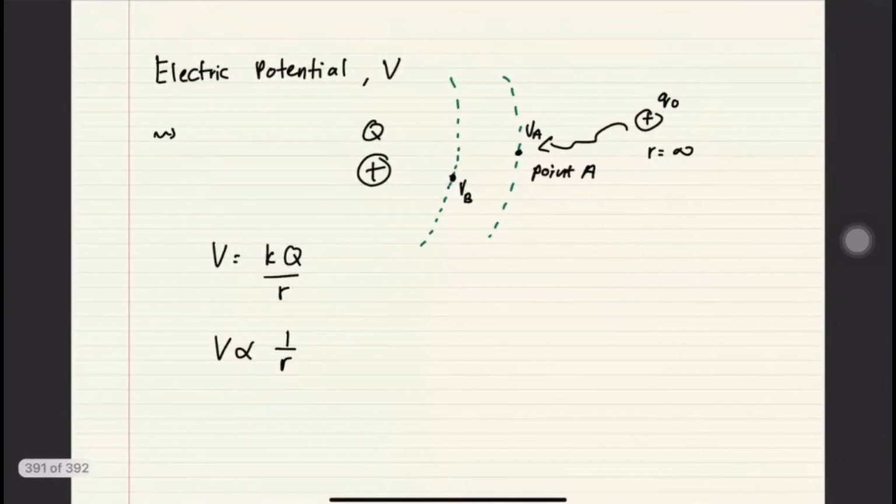Okay, we are going back to the equation here. The unit for electric potential is volts. And the most important thing here is that it is a scalar quantity.